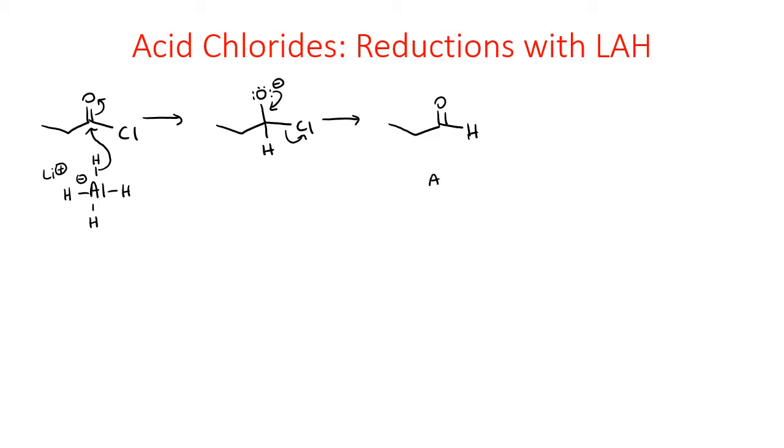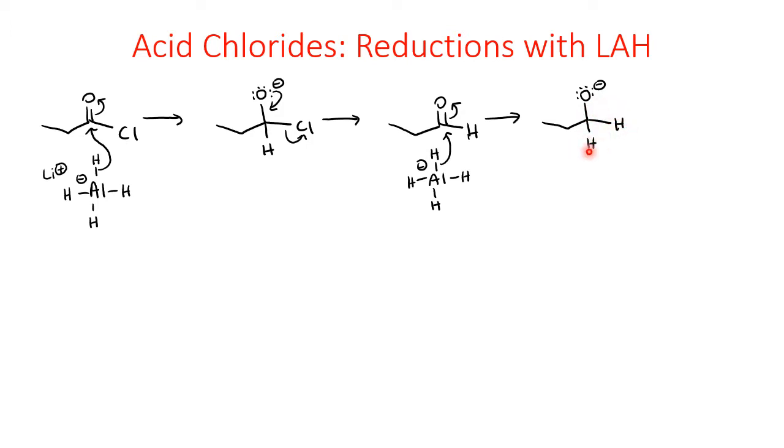So another molecule of LAH will come in and it will further reduce our aldehyde down to an alcohol. As long as there's a carbonyl present, the reaction will keep going. Now at this point, we can't have the electrons come back down because there's nothing to kick off.